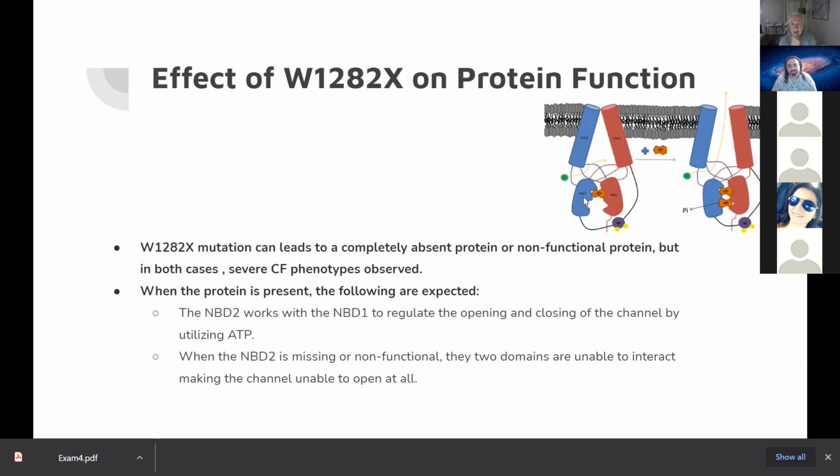In the mutated NBD2, ATP is unable to bind properly to this domain, disrupting the interaction with NBD1, which causes dysregulation of the opening and closing of the channel, and the channel will not be able to open at all. So it will not function at all, even if we have the protein in the membrane.